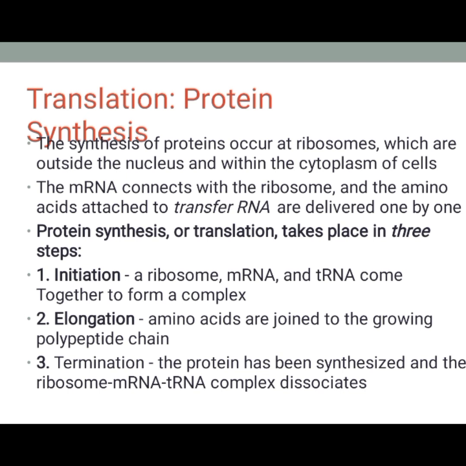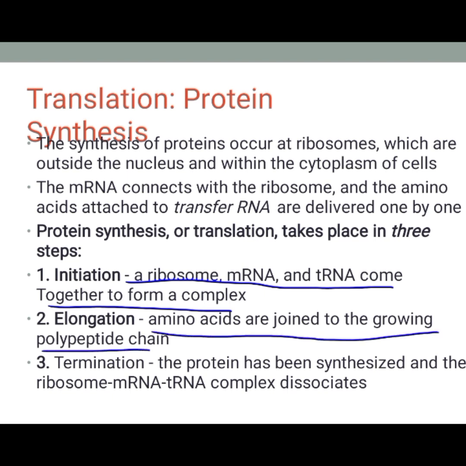In initiation, a ribosome, mRNA and tRNA come together to form a complex. In elongation, amino acids are joined to the growing polypeptide chain. Then termination: the protein has been synthesized and the ribosome, mRNA, tRNA complexes dissociate, and they will further become mRNA and tRNA and rRNA, etc.